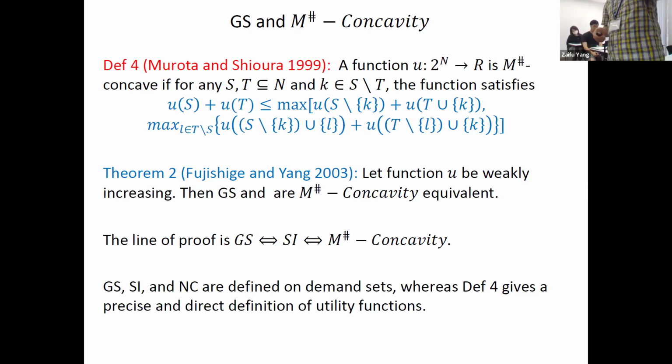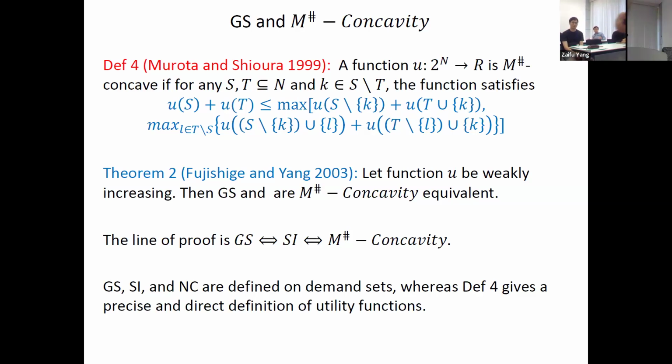So basically, what Fujishige Sensei and I proved, using Gul and Stacchetti and other properties from discrete math, is that this M-natural concavity is equivalent to GS.